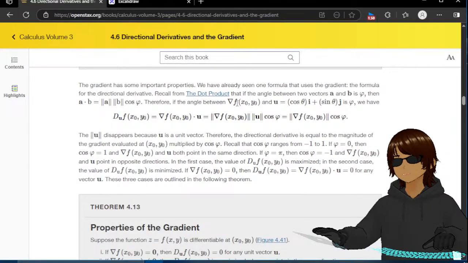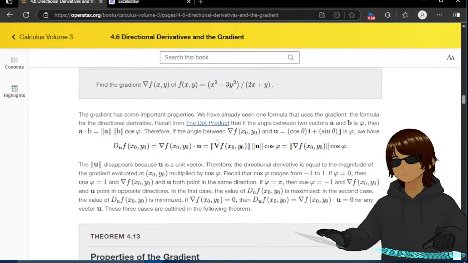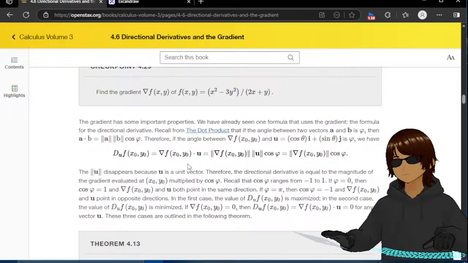The angle between grad f at x naught, y naught and u, cos theta i plus sine theta j, is phi. We have this.